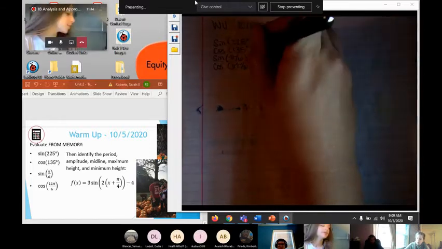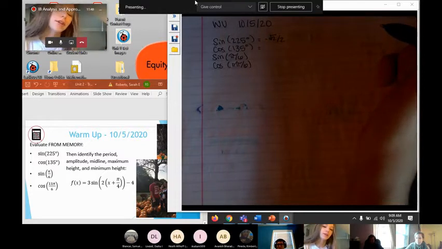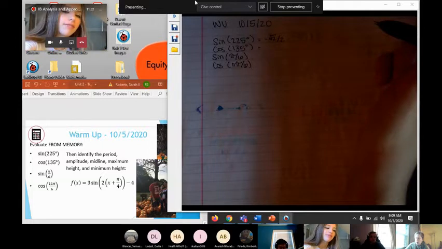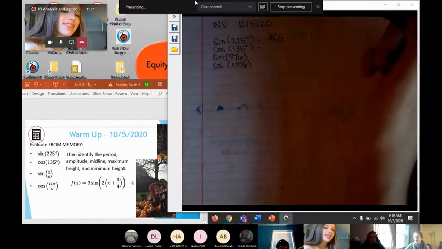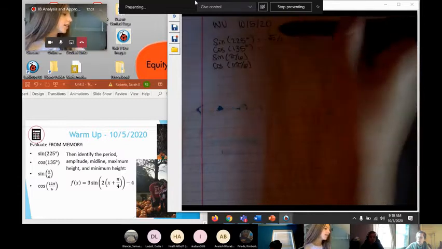Number 2, for the cosine of 135, I got 3 pi over 4. So you should get something like either 1/2 or root 3 over 2. Oh wait, I'm sorry. This is still a multiple of the 45-degree angle, so it should be something with a root 2 over 2.